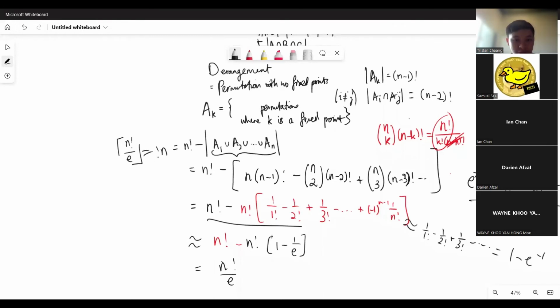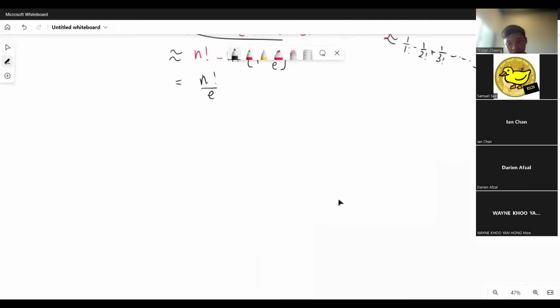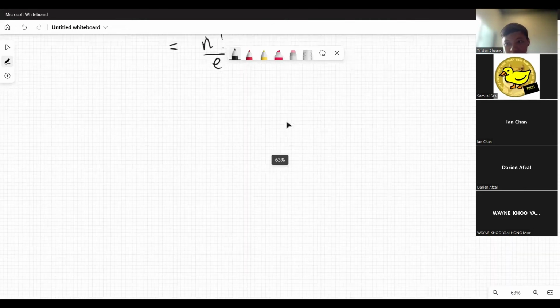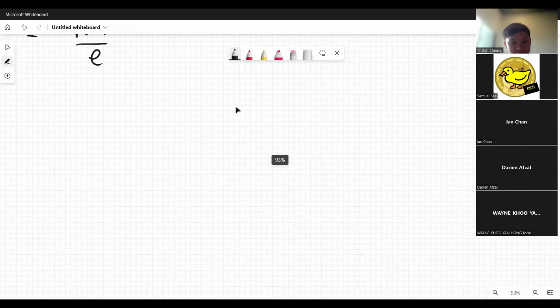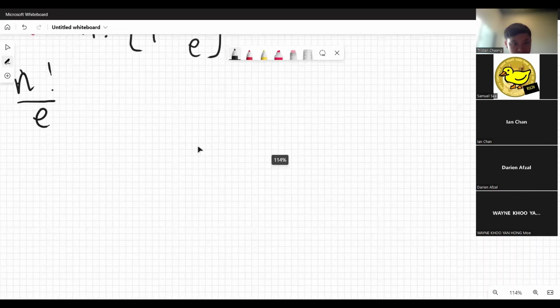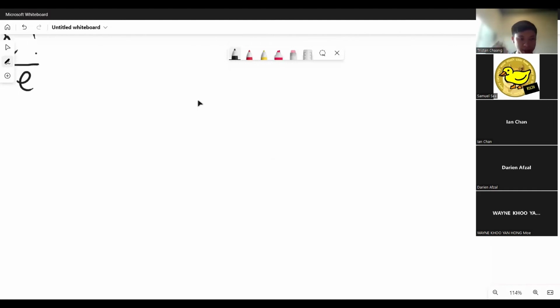So what's the pigeonhole principle? Does anyone know what the pigeonhole principle is?